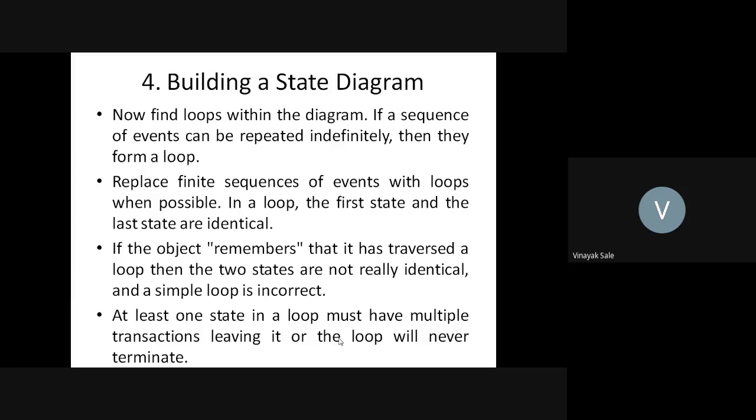If the object remembers that it has traversed a loop, then the two states are not really identical and a simple loop is incorrect. At least one state in a loop must have multiple transitions leaving it, or the loop will never terminate.